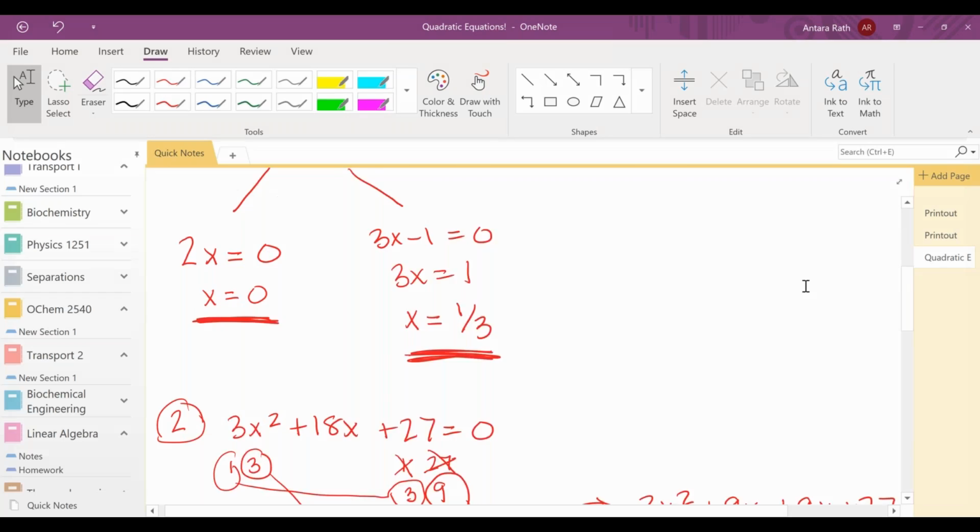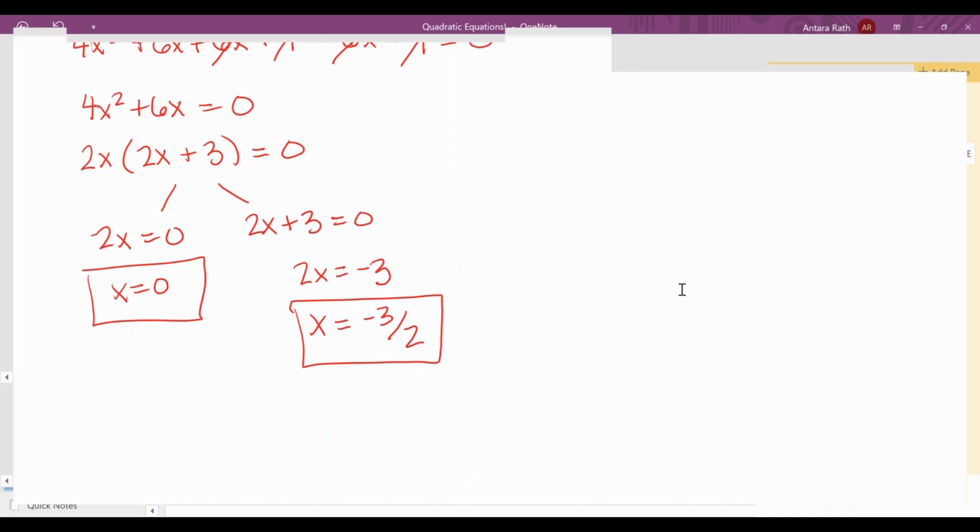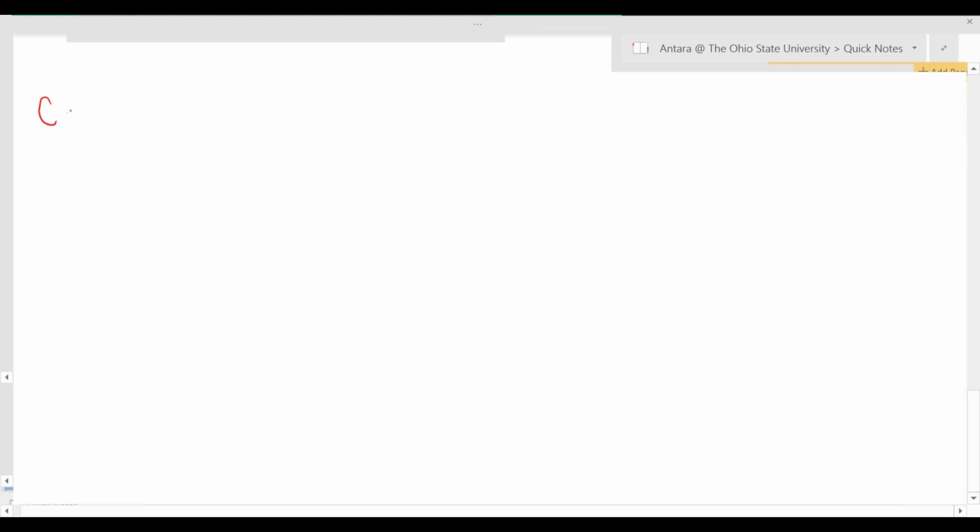Yeah, so now we're going to go ahead and switch the notebook so I can work through these examples with you guys. So here we have, this is going to be completing the square.